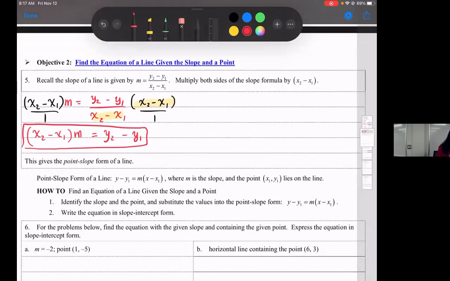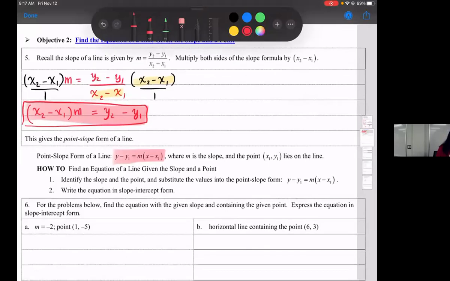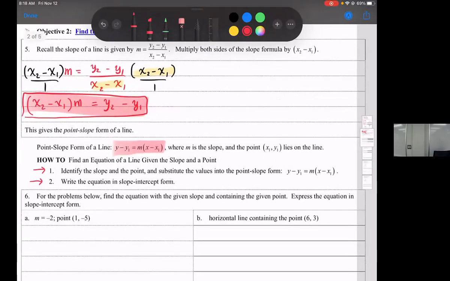Okay, so now we're gonna use this formula, where m is slope, the point x1, y1 lies on the line. So first of all, you identify the slope and the point, substitute the values into the point slope form, and then simplify, and then you will have the equation in slope intercept form.